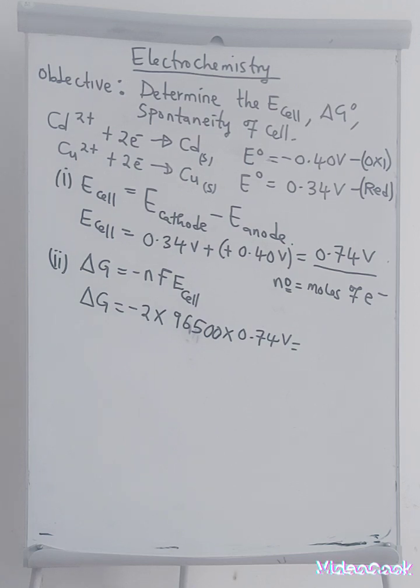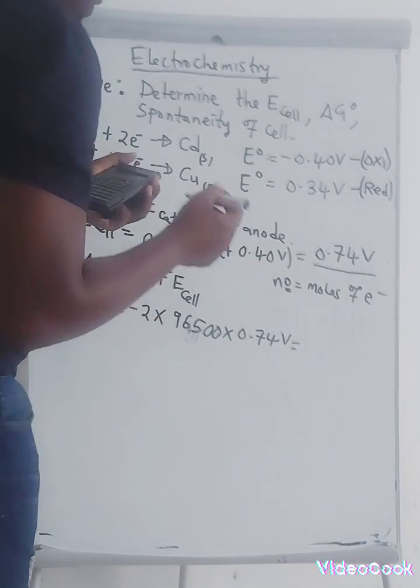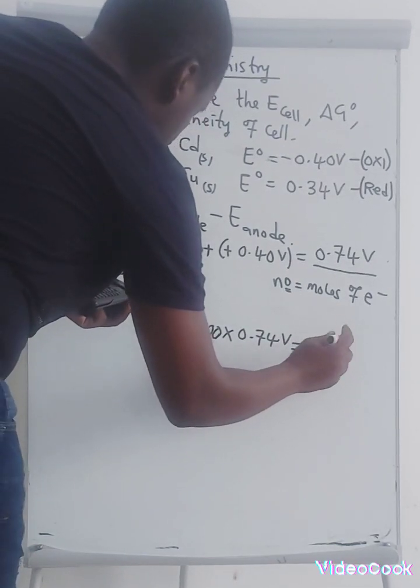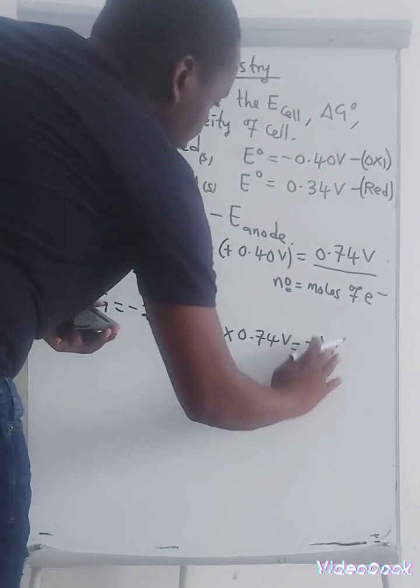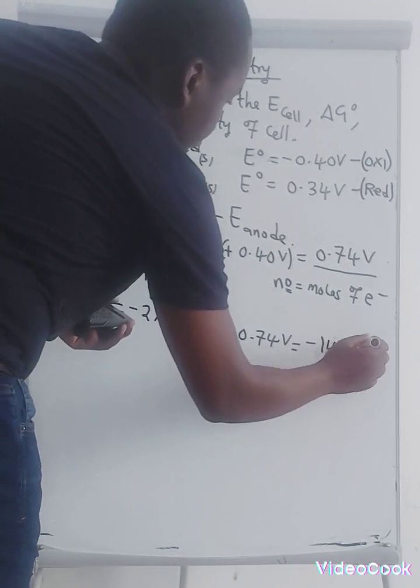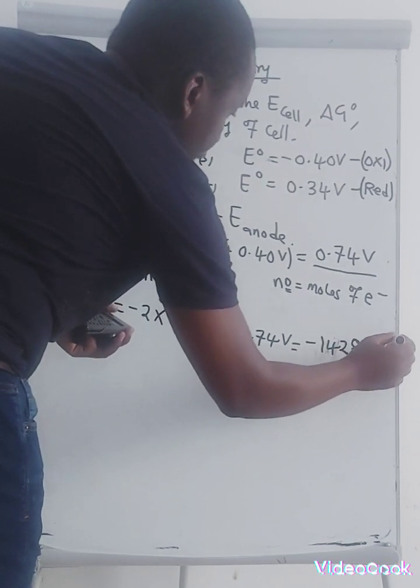So delta G is equal to negative 2 times 96,500 times 0.74, which is equal to negative 142,820 joules.